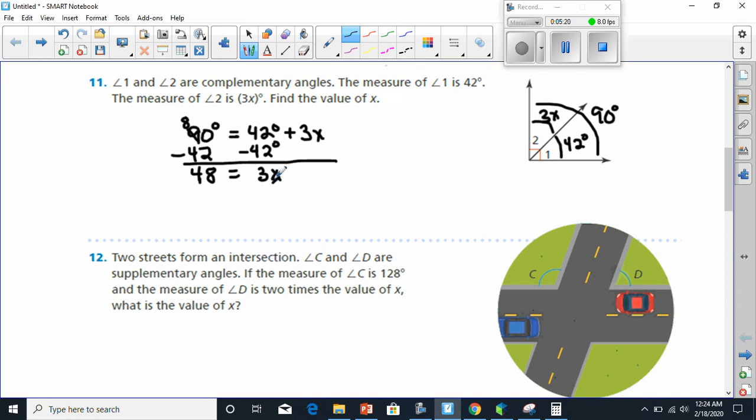Now I can use my property of division to isolate x by itself by dividing 3 away from it. Whatever I divide from one side, I divide from the other. What is 48 divided by 3? Well, 48 divided by 3 gives us 16. So 16 is x.